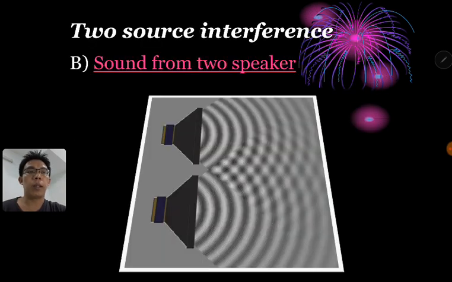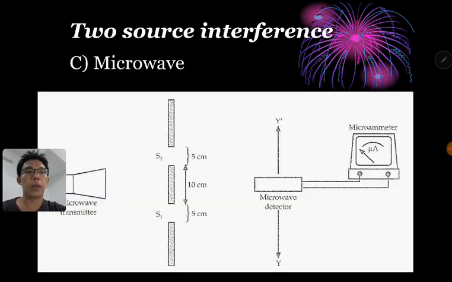Sound waves we can also have. We have two speakers, then we can generate the interference pattern. Microwaves also can, but we cannot see the microwave, as mentioned earlier, and the sound also.